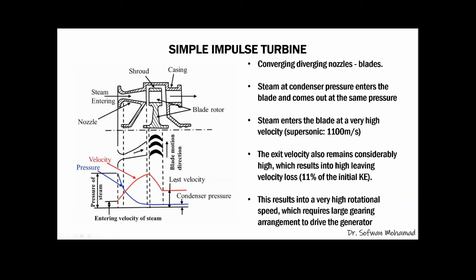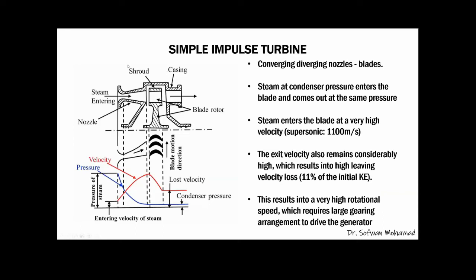And this high velocity will cause a very high rotational speed. As a result, the turbine will require a large gearing arrangement to drive the generator. So it is undesirable to have a very high rotational speed.